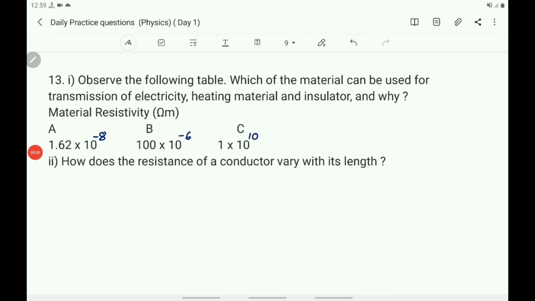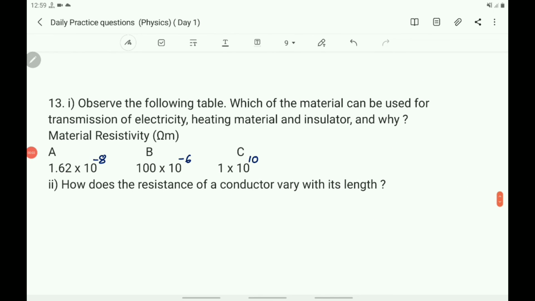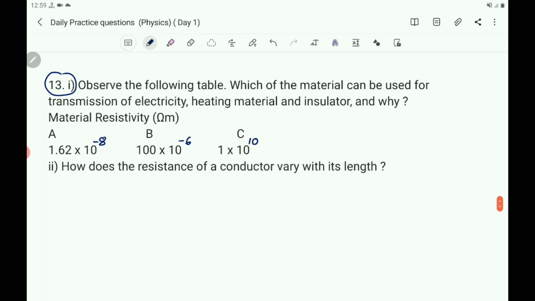This is the function. Now the 13th question, that is also a 4 marks question. Here there are 2 sub questions. The first question is, observe the following table. Which of the materials can be used for transmission of electricity, heating material and insulator, and why? Here we have to give the reason also.